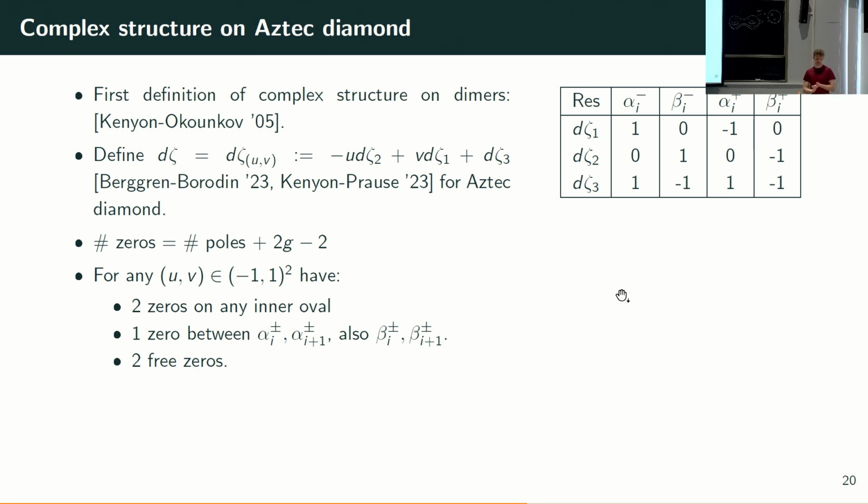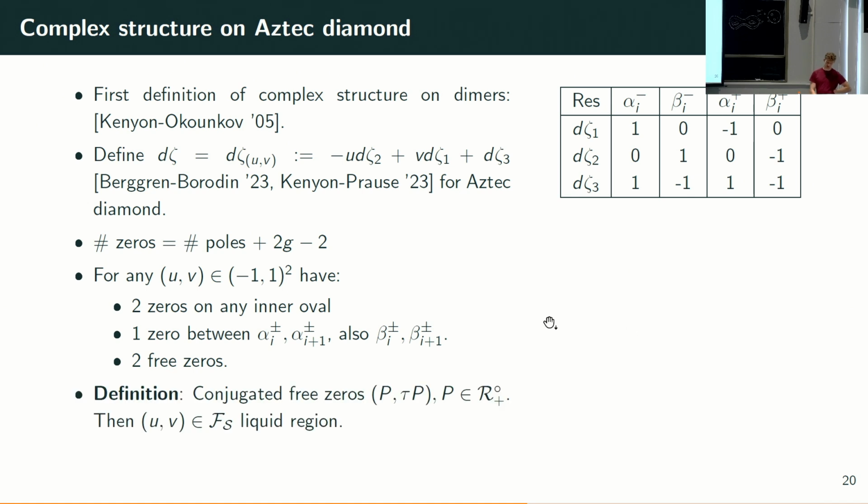And well, now the point is that if our uv lives inside of the unit square, then first of all, there need to be 2 zeros on any inner oval, just because of this real condition, and then also 1 zero between any parameters of the same type. So if you count that, you will see that this leaves us with exactly 2 free zeros.